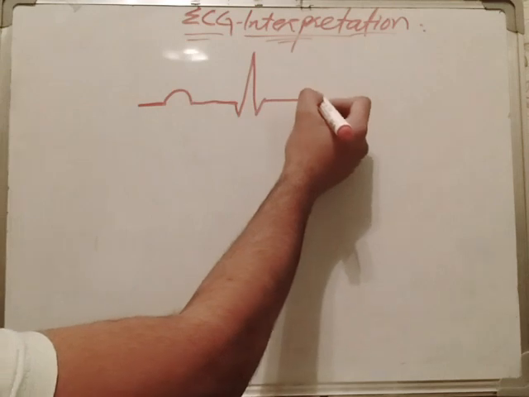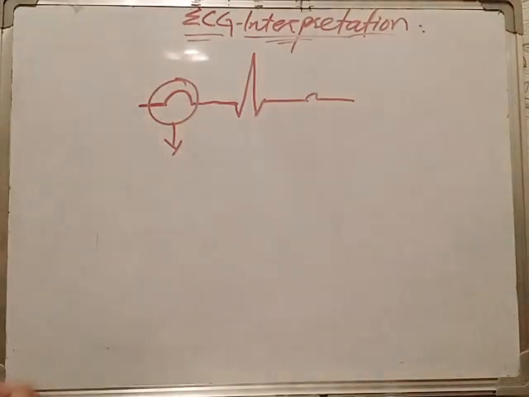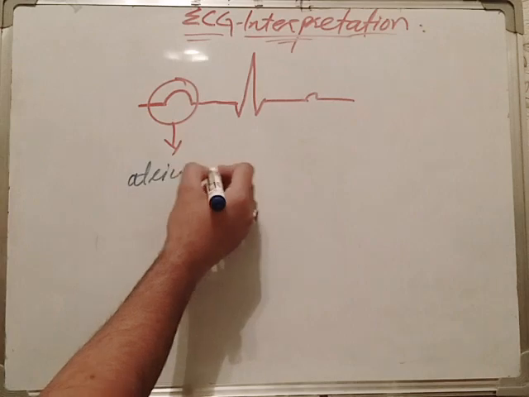This is the normal ECG, and this will show the atrium, both right and left atrium.